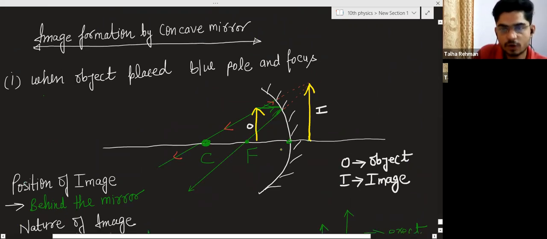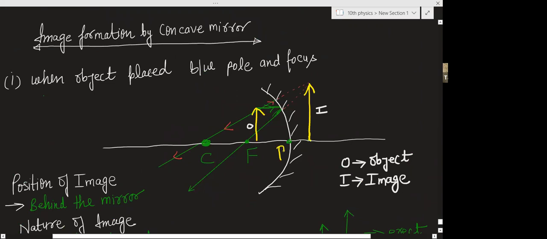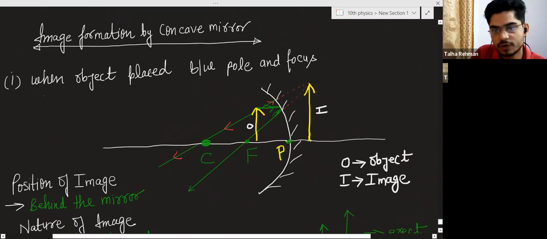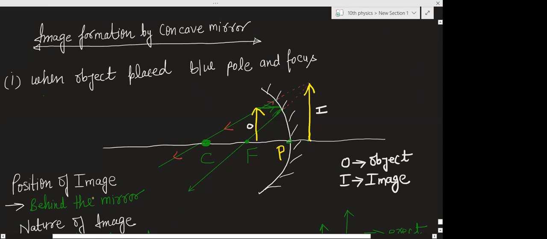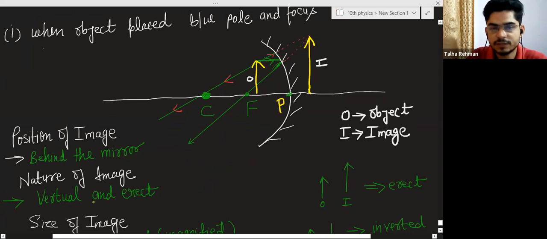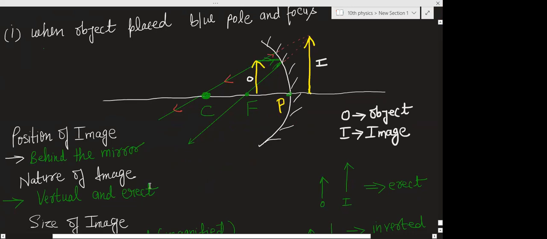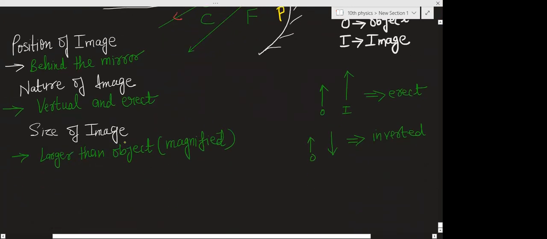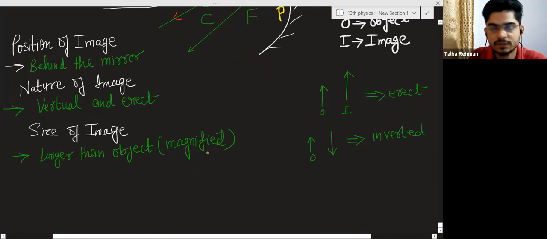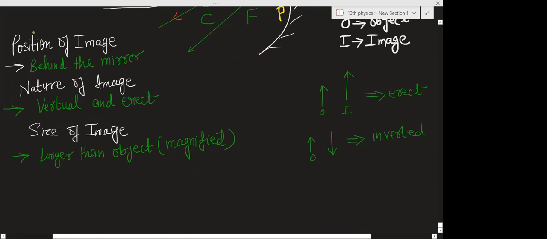When we place the object between focus and pole, the image is formed behind the mirror, and the image is virtual and erect, and the size of the image is larger than the object, that is, magnified.